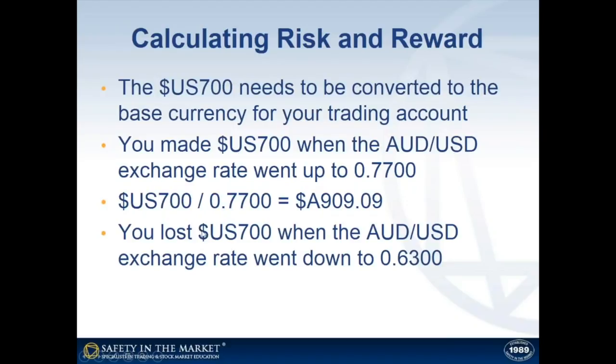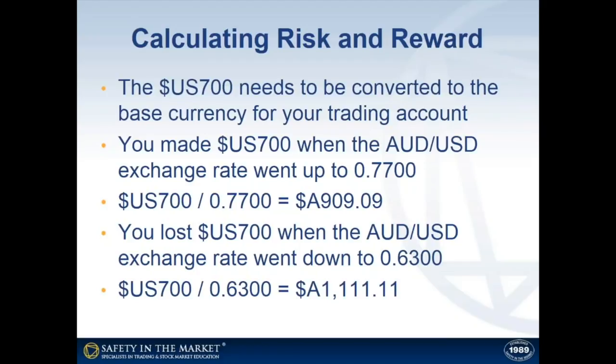If you lost $700 when the Aussie dollar exchange rate went down to 63 cents and you're converting that at 63 cents, your actual loss is $1,111.11 in Australian dollars. That's the key point to take away from all of this. It's that different amount.